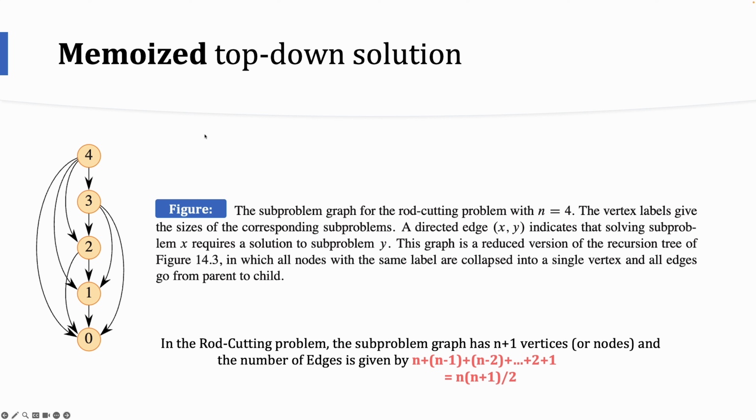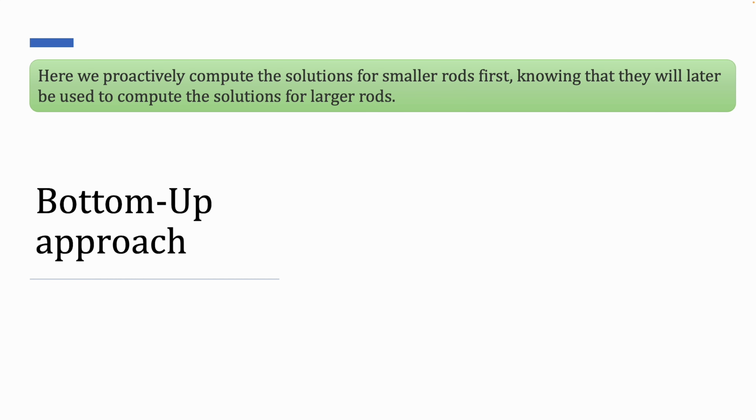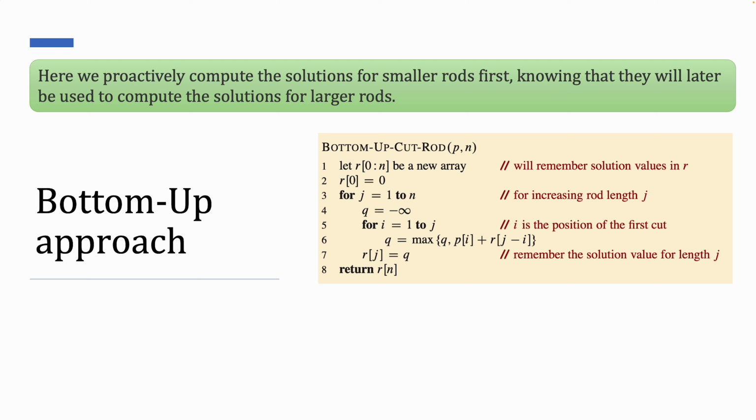So how do we reorder this problem so that not only do we not solve the same subproblem more than once, but we don't even need to check whether we have solved this subproblem before or not? And that's where we have to go in the opposite order. So what we do here is proactively compute the solutions for smaller rods first, because we know that the solutions to smaller rods are going to be part of the solutions to the larger rods.